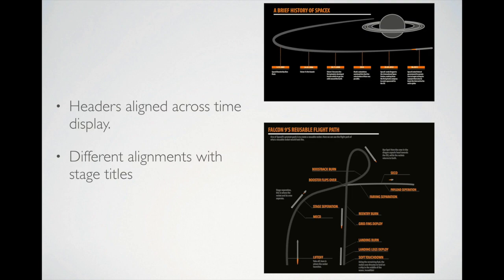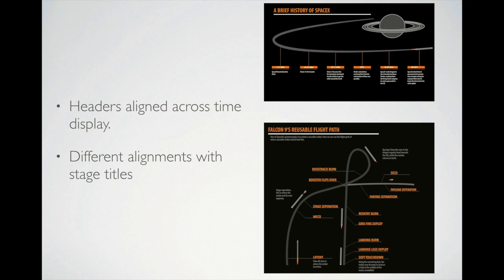At the bottom, I have the flight path, and what I like about this is that there is clear alignment, but there's a bunch of different alignments. Each text is aligned. So liftoff, MECO, and stage separation are aligned. Boostback burn and booster flips over are aligned. SECO and payload separation are aligned.